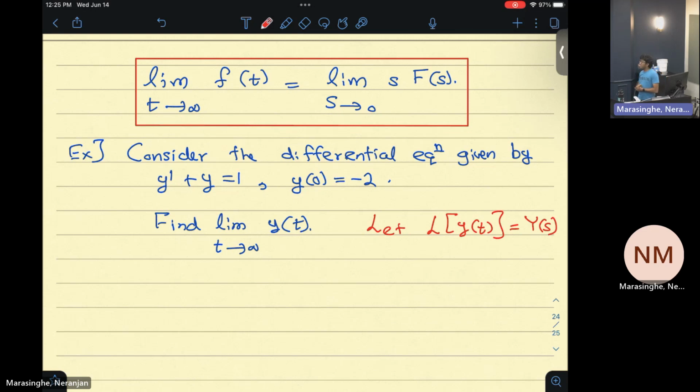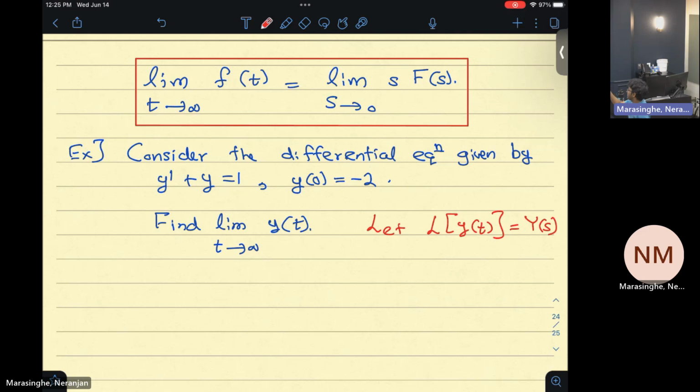Can you give a try to find Y(s), using the facts that I discussed yesterday? Now you have a differential equation, take the Laplace transform on both sides. I introduced the final value theorem.